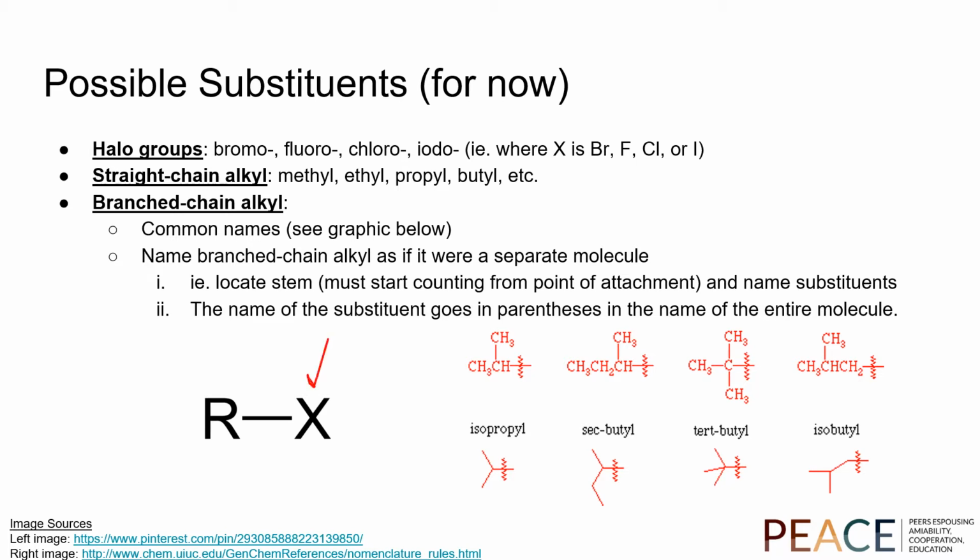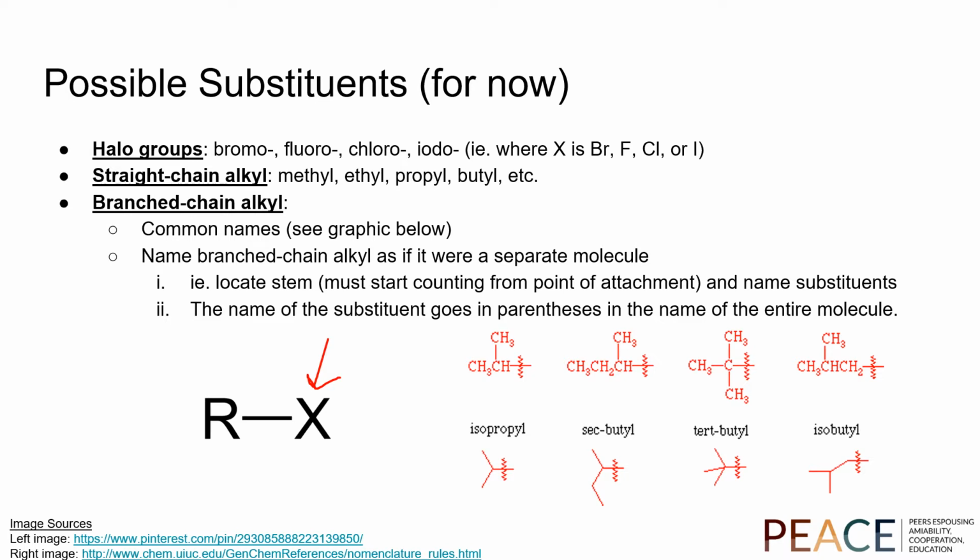Depending on whether the X is a bromine, fluorine, chlorine, or iodine, your substituent will be named with a bromo, fluoro, chloro, or iodo prefix, respectively. For a straight chain alkyl group, the prefix will be determined by the number of carbons in the substituent. A 1-carbon substituent is called methyl, 2-carbon is ethyl, 3-carbon is propyl, and so on.